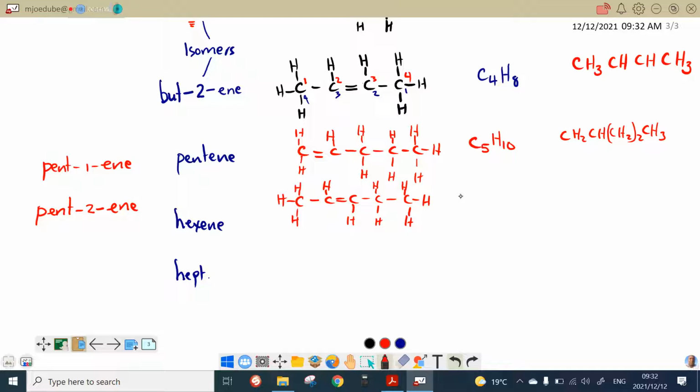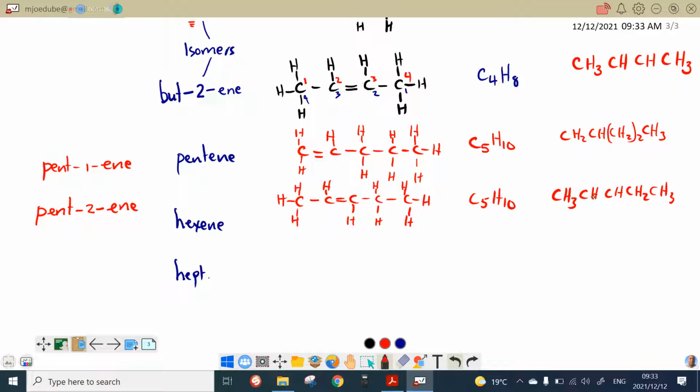You would write the chemical formula, which is still C5H10, and then the condensed formula will be CH3 on that first carbon, then CH, and on carbon number 3 you've got CH as well, and then carbon number 4 you've got CH2, and on carbon number 5 you've got CH3.